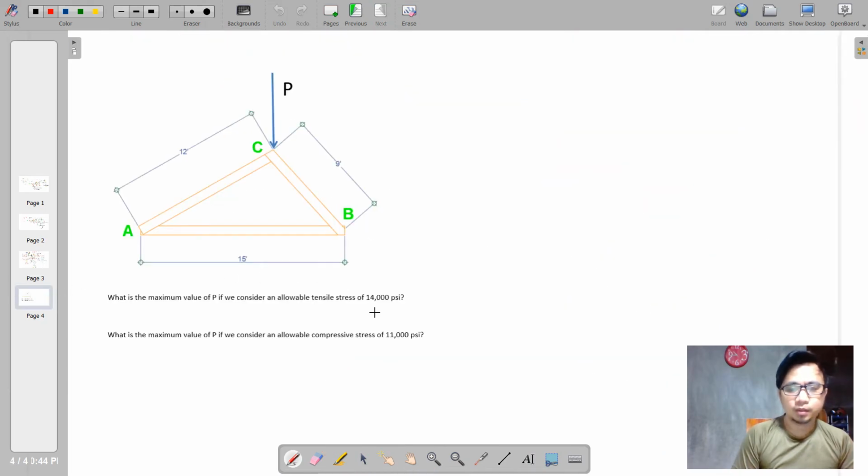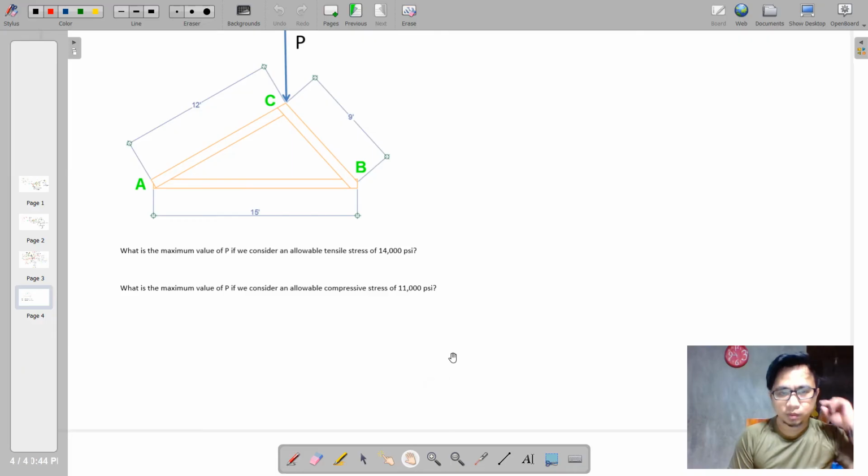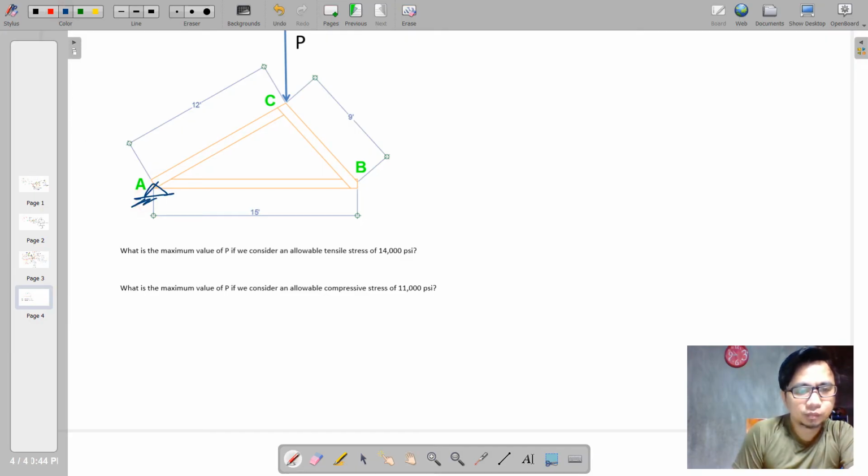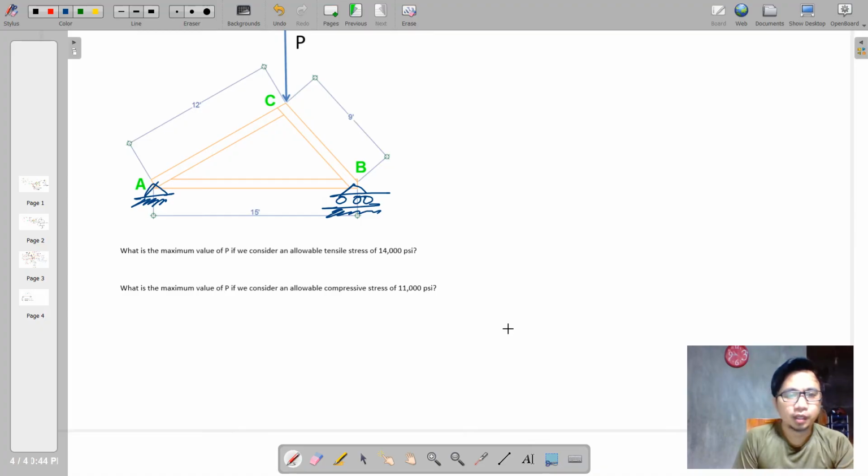Okay, so moving on to the next problem. Here we have three members that are pin connected. By the way, this should be supported by a pin and a roller.